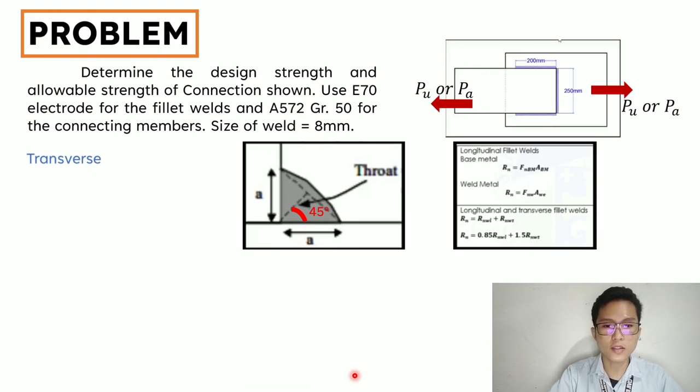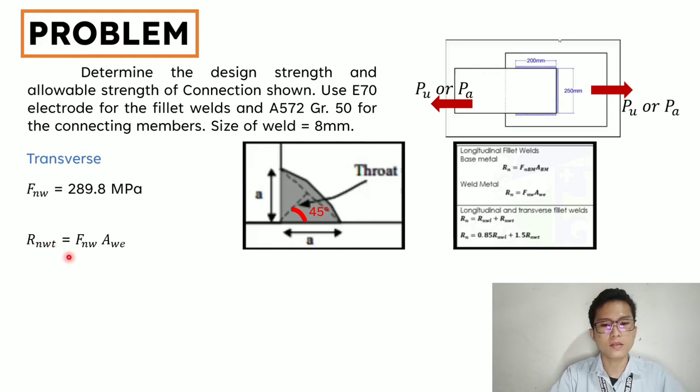So for the transverse, like earlier, we will use F sub NW is equal to 289.8 megapascal. And like in longitudinal, we will use this equation, but for transverse, we'll substitute the values.